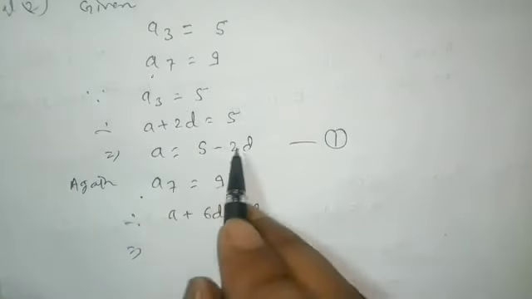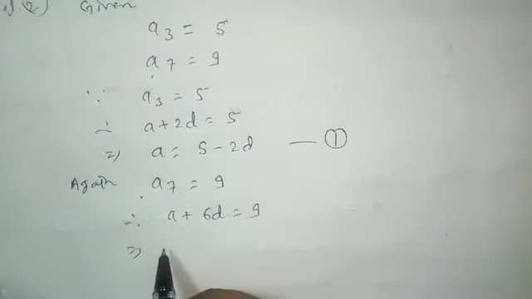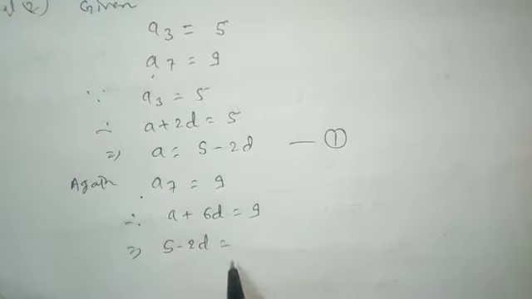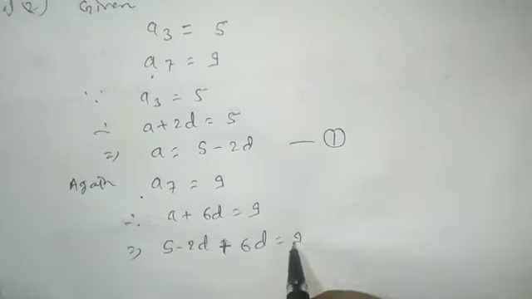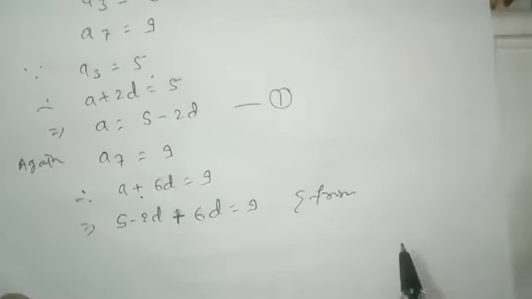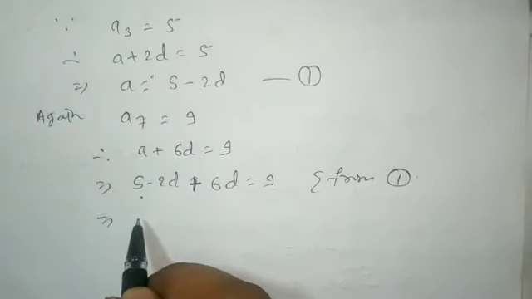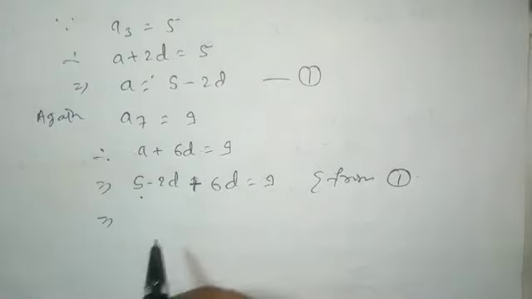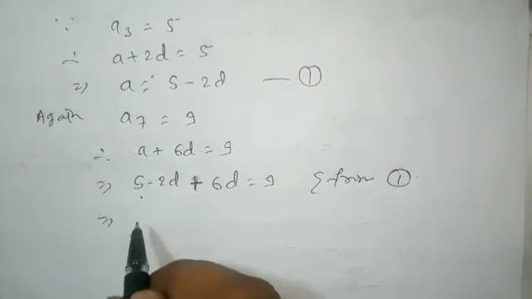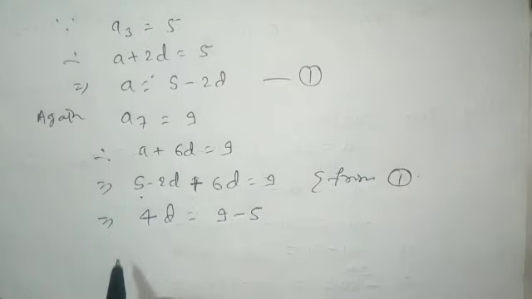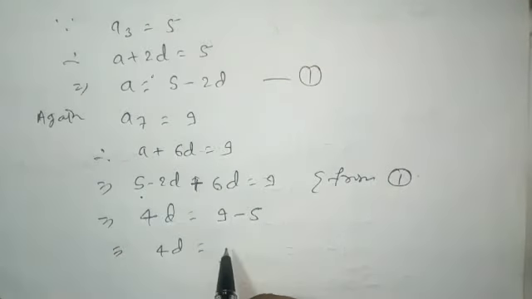So I put the value of a from equation 1: 5 minus 2d plus 6d is equal to 9. Implies 5 goes to the other side, then minus 2d plus 6d, that is 4d, is equal to 9 minus 5, implies 4d is equal to 4, 4 1s are 4, therefore d is equal to 1.